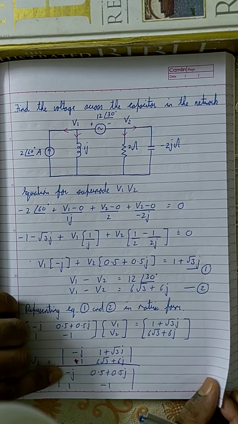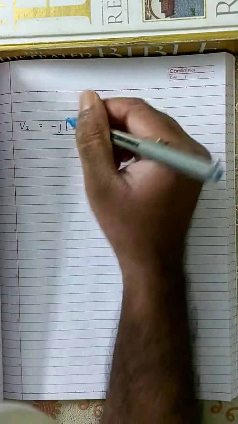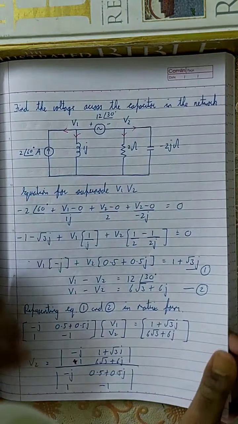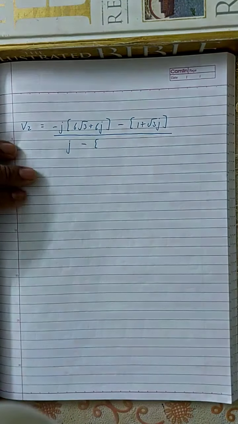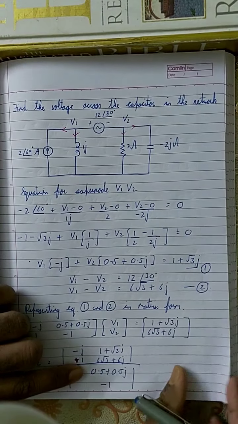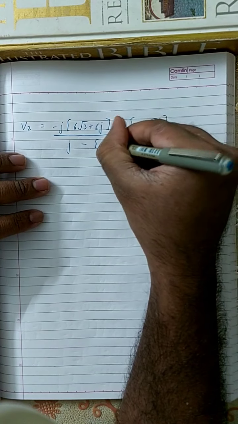We have minus J into minus 1 is plus J, and here you have minus 1 into 0.5 plus 0.5J.